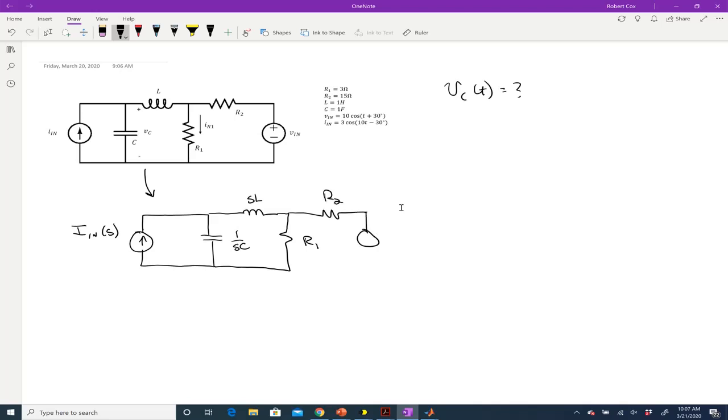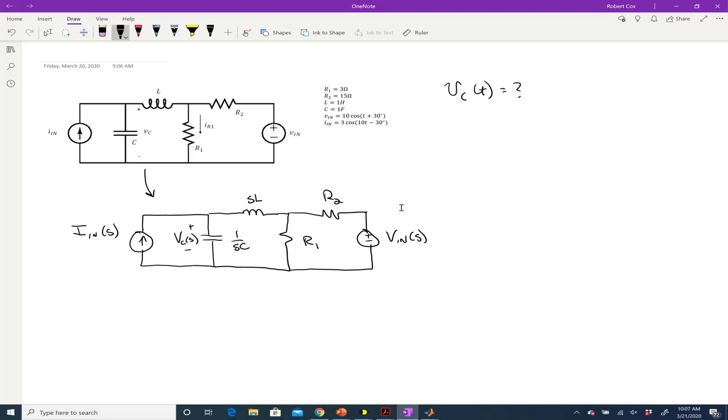The voltage source remains as Vn of S. So that's our complete circuit, and our goal now is to find V sub C of S.